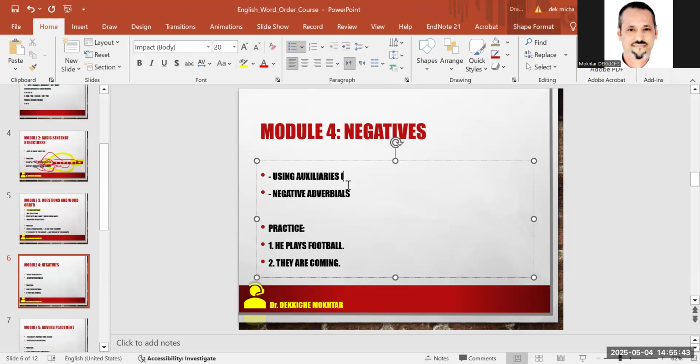We use the auxiliary verb like do or be, and we add "not" to the sentence.